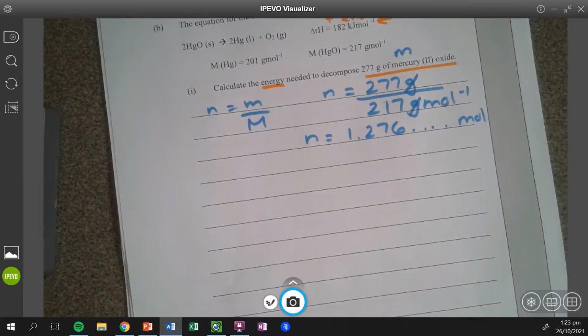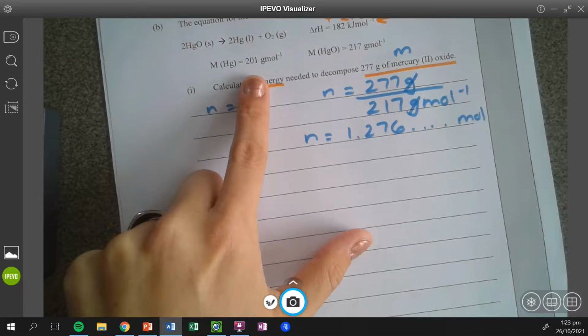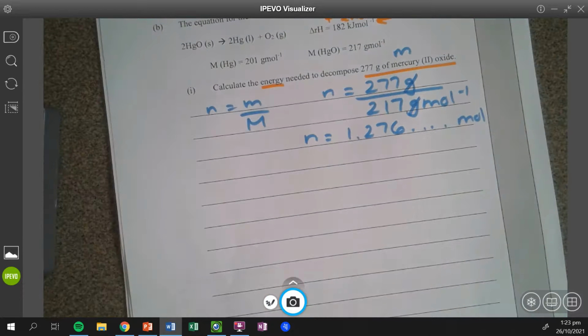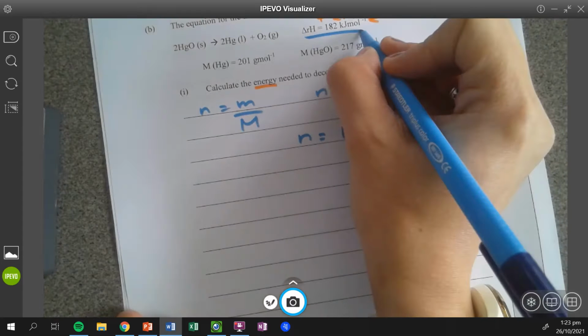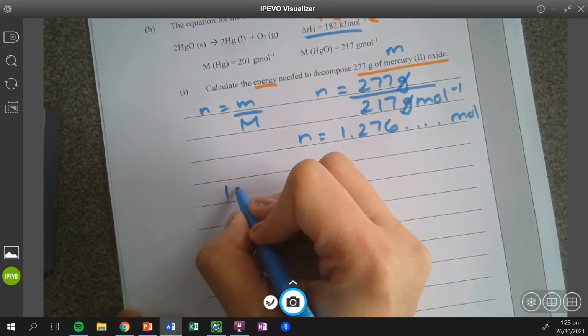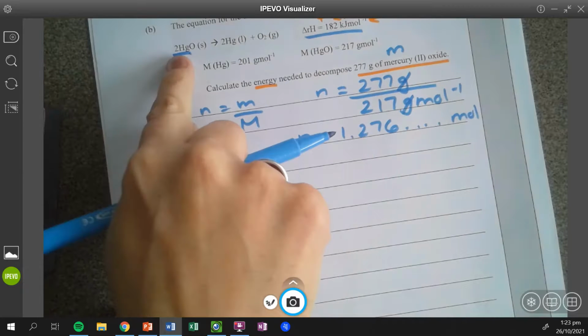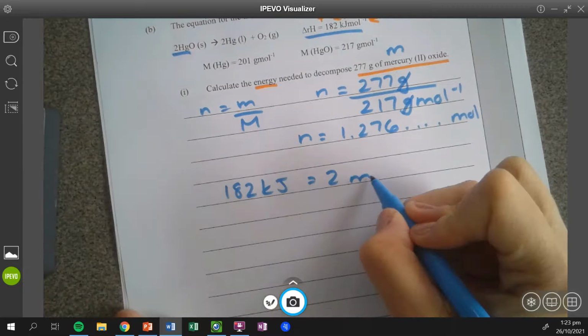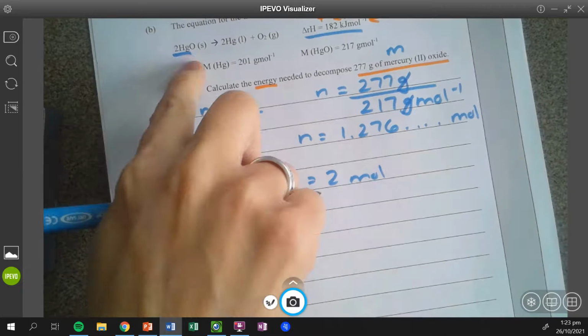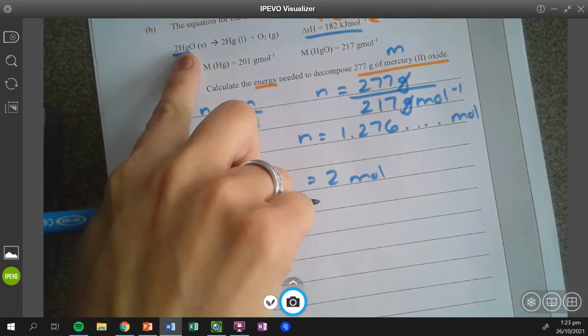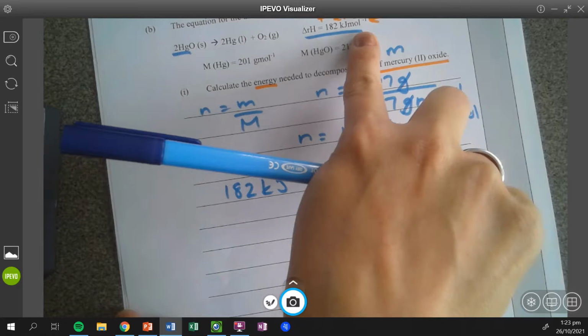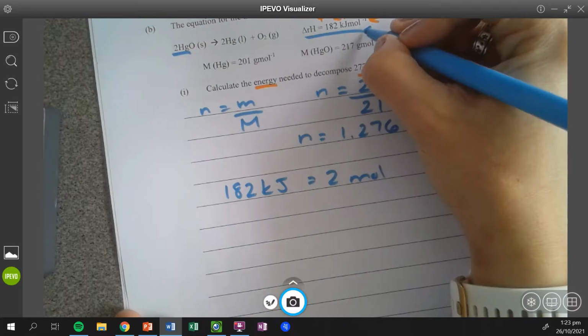Cool. Second step then is I need to figure out how much energy that amount of moles is going to give me, and I'm checking my ratios. We're thinking stoichiometry right now. So this is 128 kilojoules, and that is in reference to 2 moles of my mercury oxide. So be mindful that when we're saying kilojoules per mole, we're saying that per reaction.